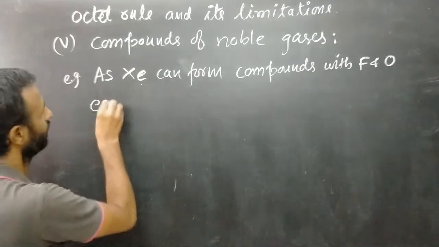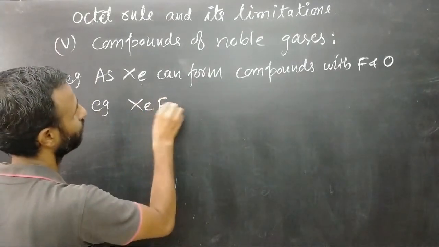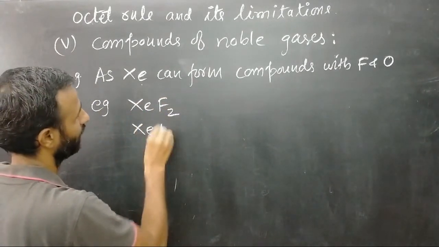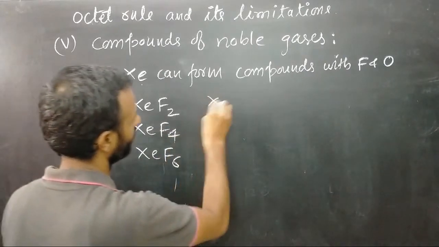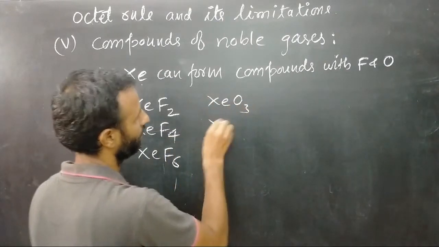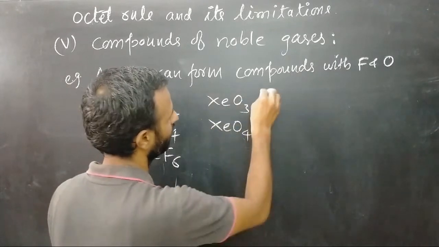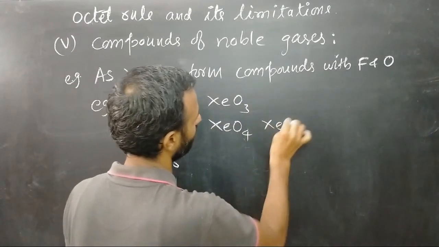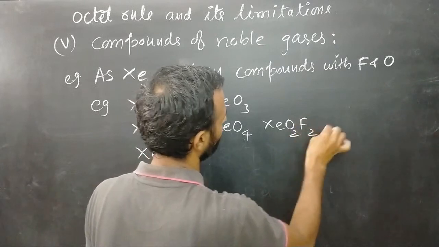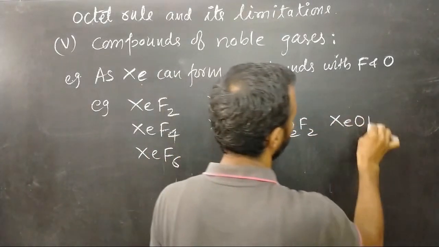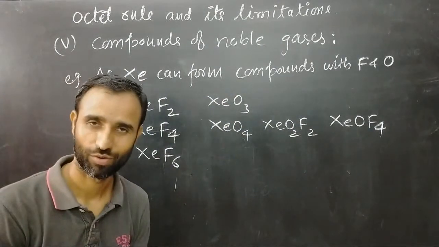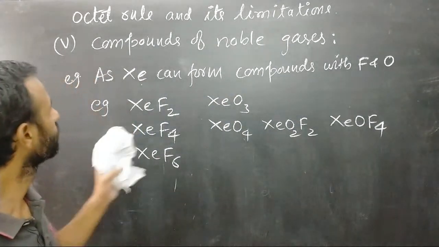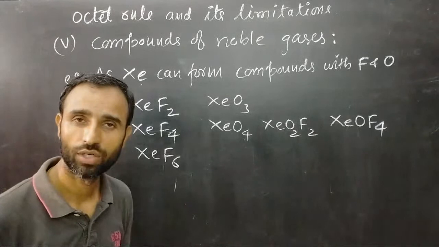For example, XeF2, XeF4, XeF6, XeO3, XeO4, XeO2F2, XeOF4, and many more. So this is also a limitation of the octet rule.